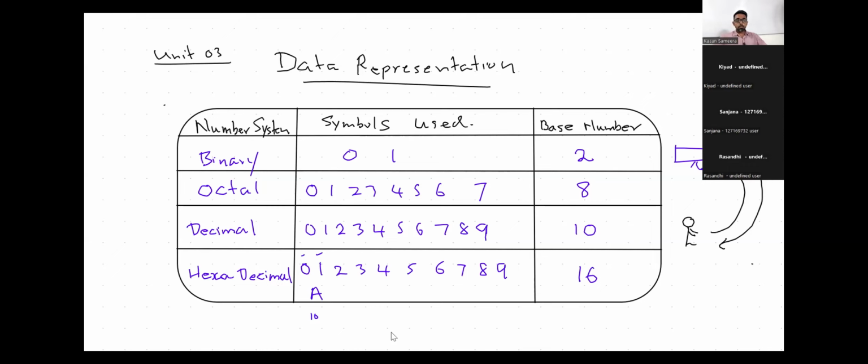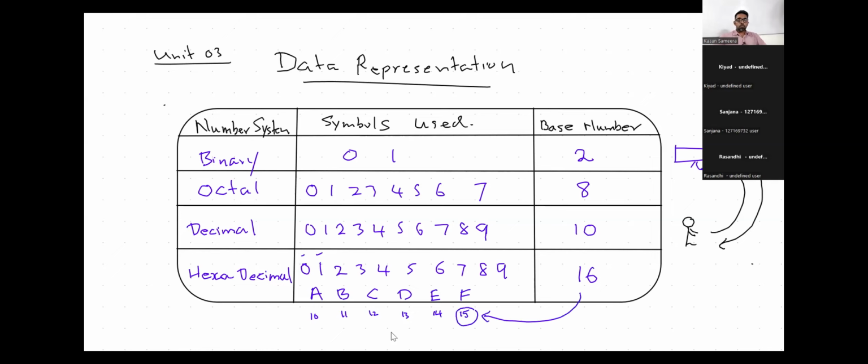B means 11, C means 12, D means 13, E means 14, F means 15. Then you know the last symbol should be just before the base number. Therefore the last symbol will be 15, which is F.